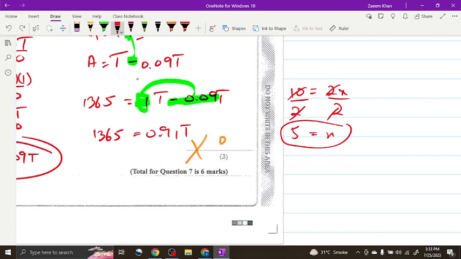So you're supposed to divide both sides by 0.91. 0.91 would cancel with 0.91, and what are we left with? t is equal to? 1,500.